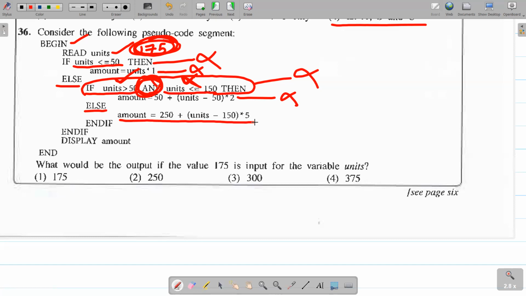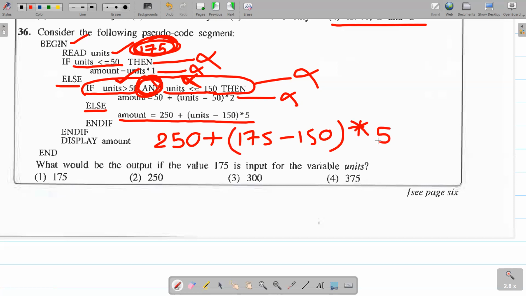So it says 250 plus units, that means 175 minus 150, then times 5. Right?